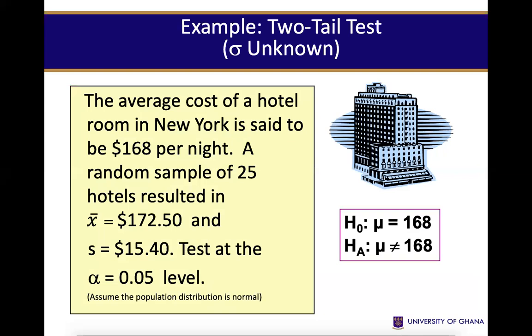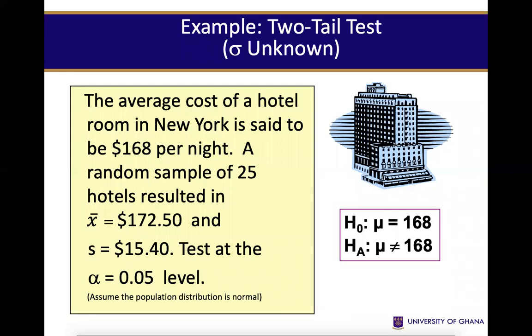The average cost of a hotel room in New York is said to be $168 per night. A random sample of 25 hotels resulted in a sample mean X bar equal to 172.5 and a standard deviation of 15.4. Now, we want to test at the alpha level.